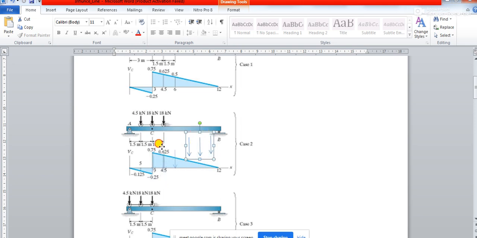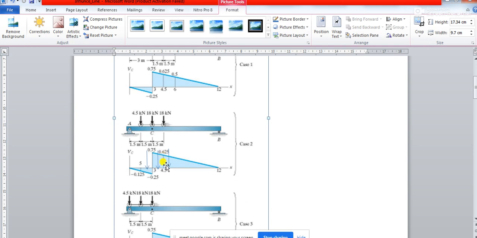You observe what is happening. See, this 18 kilonewton load, you very carefully observe, it is dropping over here, and then this 18 kilonewton load is basically rising up this slope. You see, it is rising up this slope, and this load is also rising up this slope, isn't it?